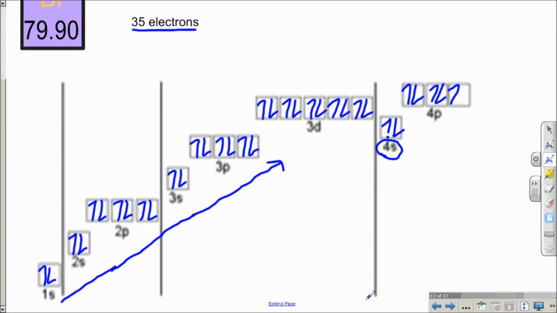So please make sure you keep in mind that if you're writing a big enough diagram to get up to 3p, then the next one needs to be 4s. Then you go back to 3d and then 4p, because we are not placing these arrows from left to right on the table, but from bottom to top. So that is all, and we will practice more when we get back to class.